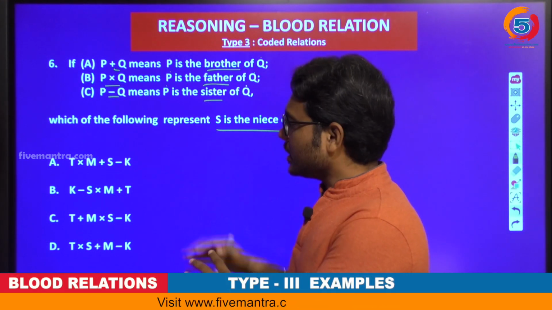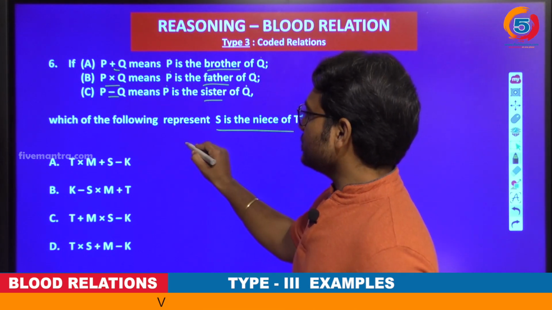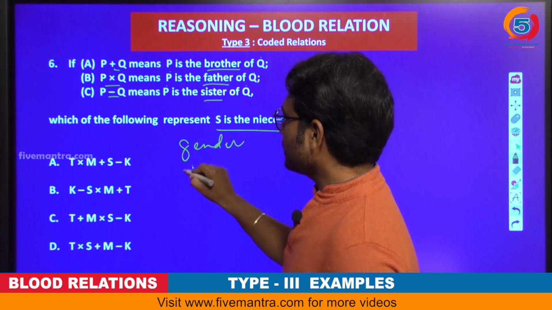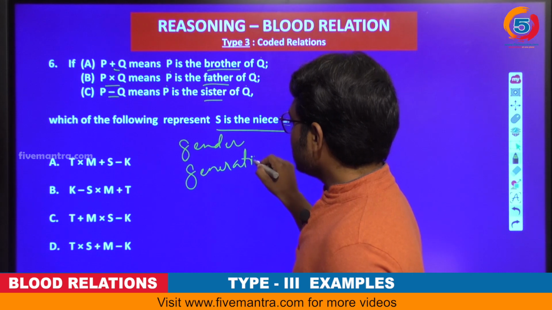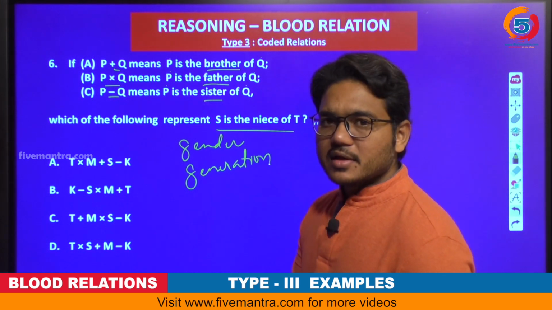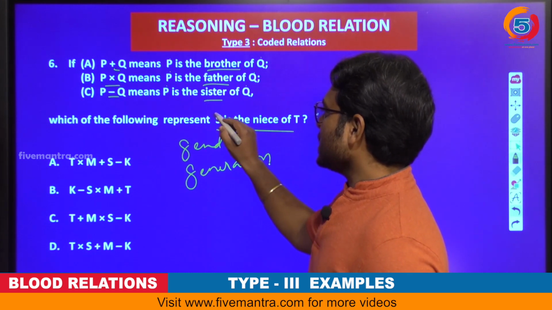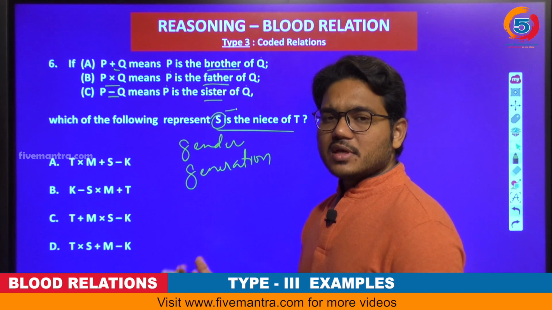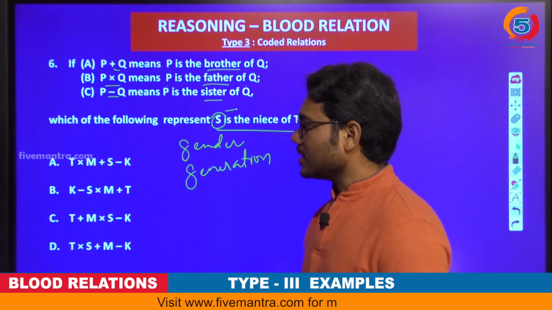We can also solve this using the shortcuts. What are the shortcuts again? We will be checking the gender and the generation. So first check the gender. S is the niece of T, so S is female, and for T we cannot identify the gender here.